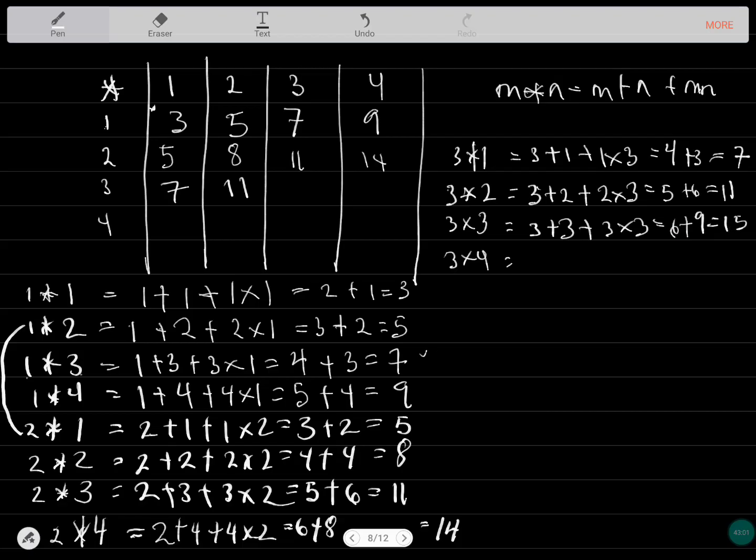That would give us 15. Now we have 3 star 4, which would give us 3 plus 4 plus 4 times 3. Now 3 plus 4 is 7. 4 times 3 is 12. Our answer is 19.